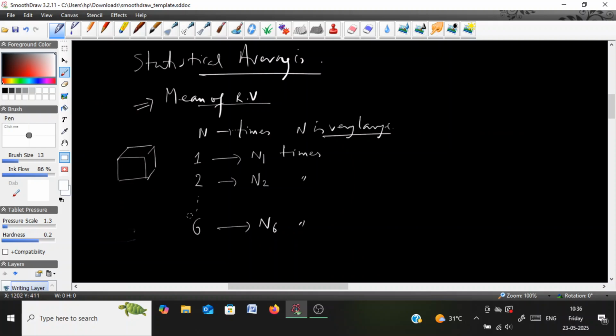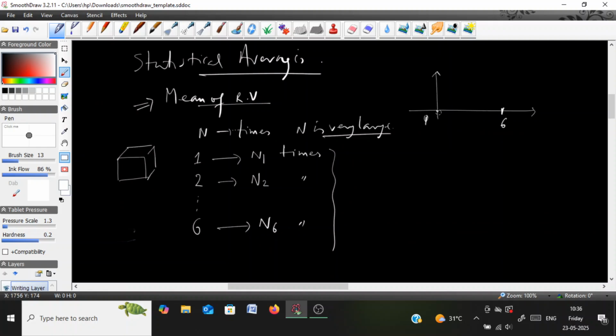Okay, so if you find the average of this random variable, the average value or the mean value, which I denote with x. Okay, so in the sample space, if you draw its PDF, you will have the values from 1 to 6.